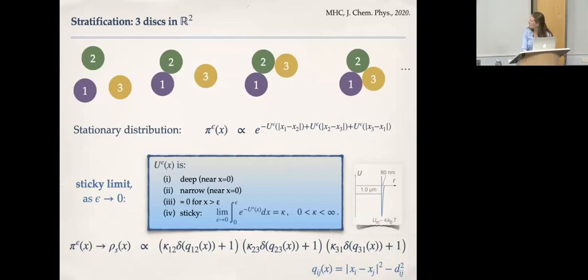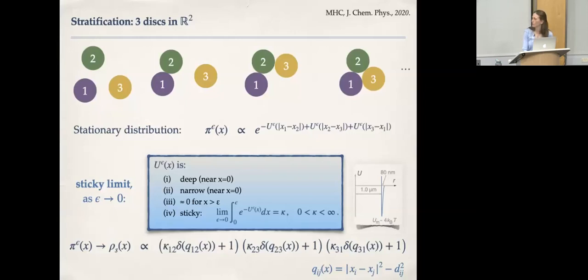I'm going to assume that there's a cutoff here, so the interaction potential is 0 when they're out of the interaction well. And then I'm also going to assume that the integral of the Boltzmann distribution over this narrow interaction potential approaches some constant, which is not 0 and not infinity. It's some constant, which I'll call kappa. And sort of by design, these assumptions force this Boltzmann factor for a single pair potential to approach a delta function, right?